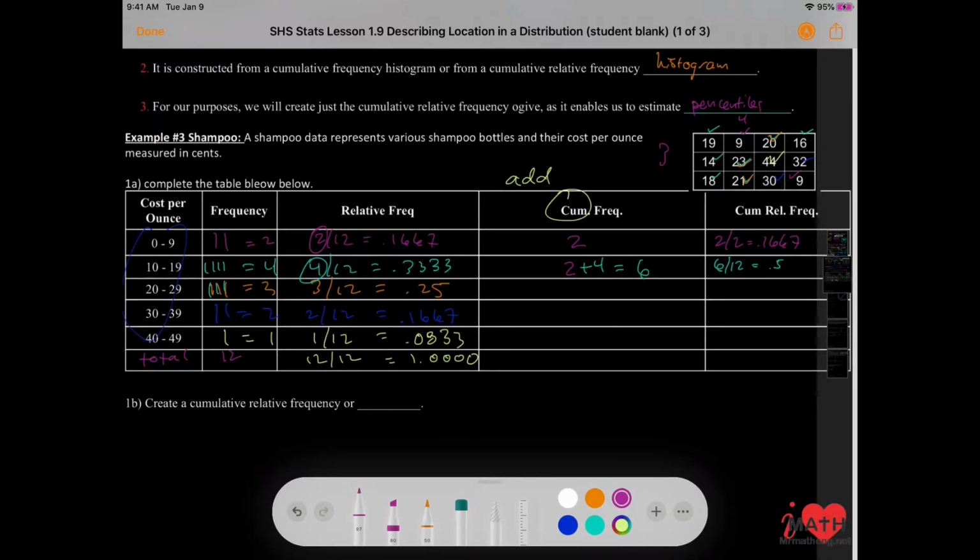Okay, watch. 2 plus 4, and then plus 3. You see the 3 here? And that will give you a 9. So 9/12 gives me 75%. So 2 plus 4 plus 3, and then I have 2. This will give me 11. 11/12 gives me 0.9167.